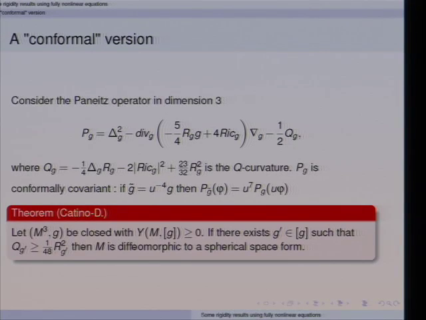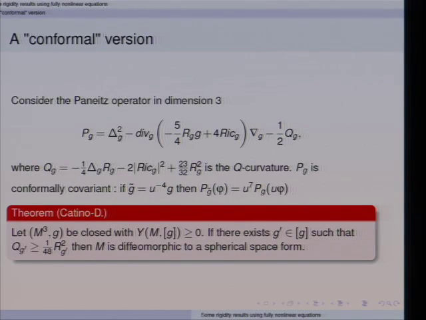So this is a conformally invariant condition. And you assume that in the conformal class of g, you can find a metric for which this Q curvature here is bigger than 1/48 times the scalar curvature squared of this metric. Then, in this situation, your manifold is still diffeomorphic to a spherical space form.